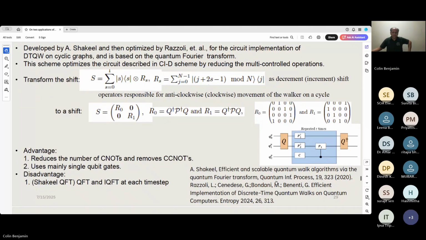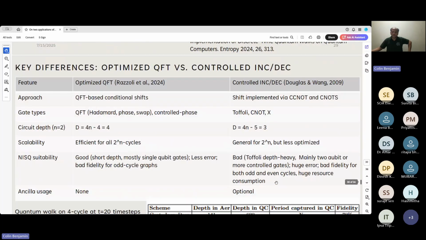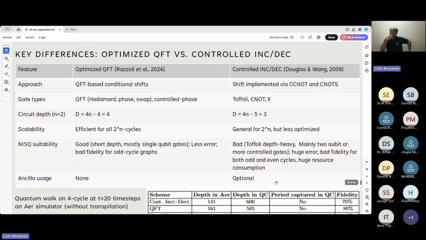papers. And what are the key differences between this optimized quantum Fourier transform protocol and the controlled increment-decrement circuit? Here the approach is based on quantum Fourier transform, with which you diagonalize your shift operator. Here the shift is implemented by Toffoli gates and control nodes.